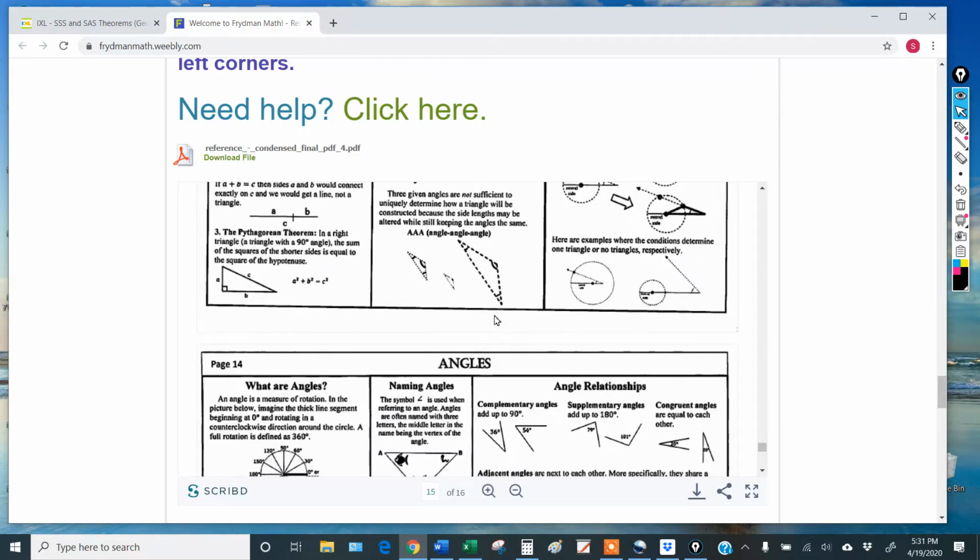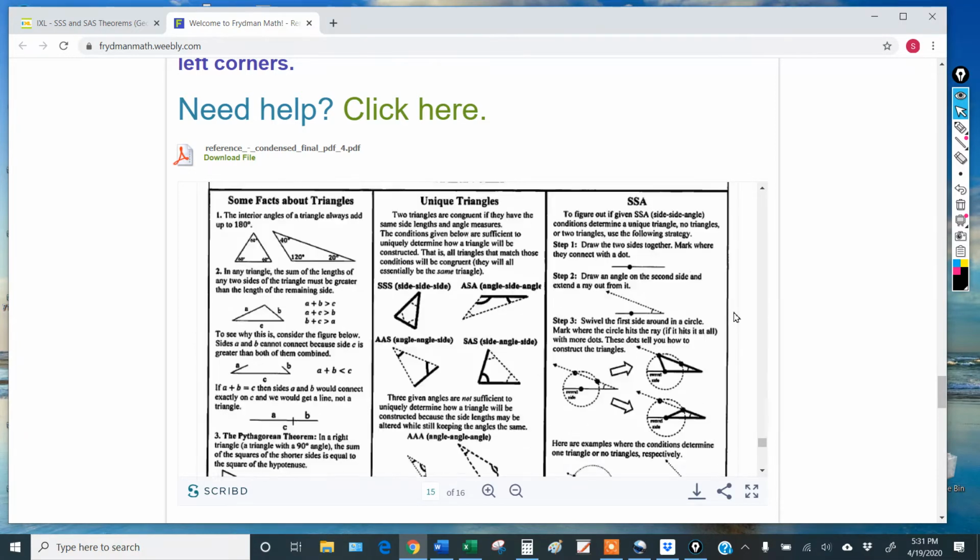On the other hand, if we have AAA, meaning that the three angles of the triangle must stay the same, it would still be possible to make different triangles because we could just stretch the sides out or make them shorter. So we would be able to make different triangles that all satisfy the same AAA conditions, that all have the same angles inside of them.